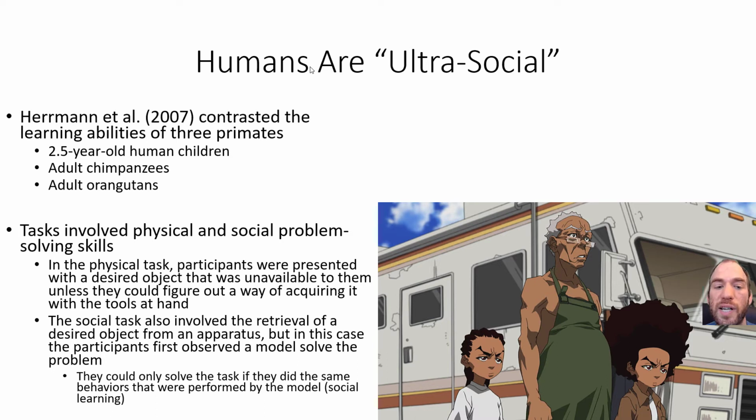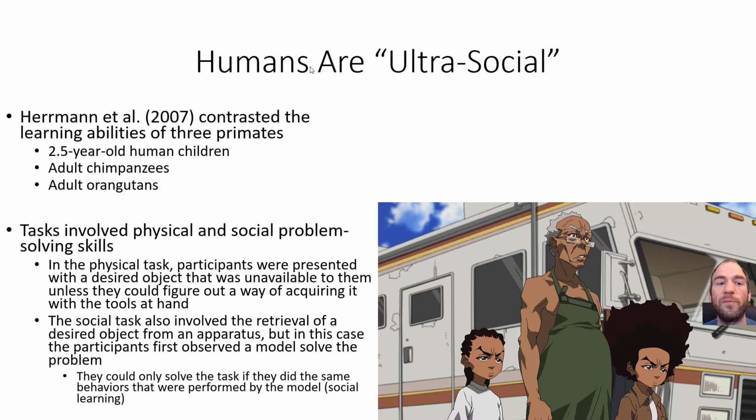In the physical task, participants were presented with a desired object that was unavailable to them, unless they could figure out a way of acquiring it with a tool at hand. The social task also involved the retrieval of a desired object from an apparatus, but in this case, the participants first observed a model solve the problem. They could only solve the task if they did the same behavior that was performed by the model: social learning.